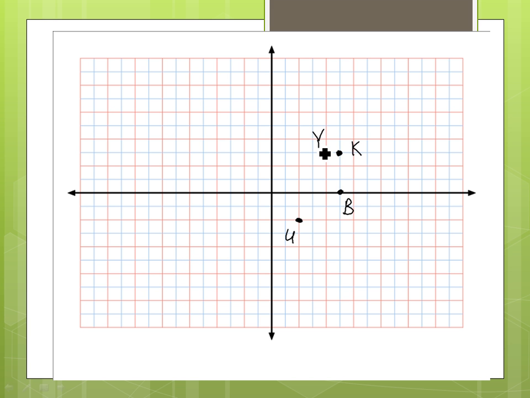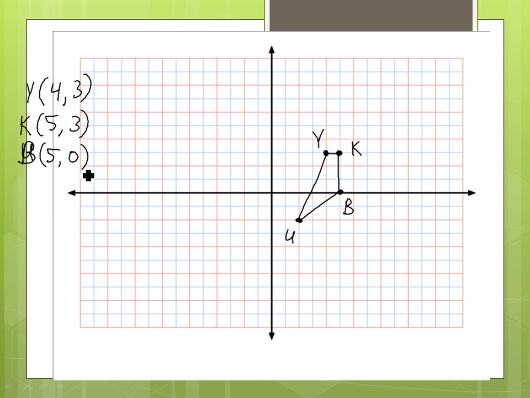Okay, so this is our shape. That's the original shape. I'm just gonna put Y up here. That was 4, 3. K was 5, 3. U, and let's do B. B was 5, 0. And U was 2, -2. So those are the original coordinates.